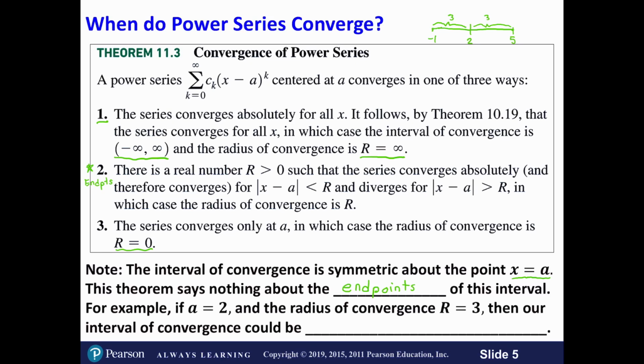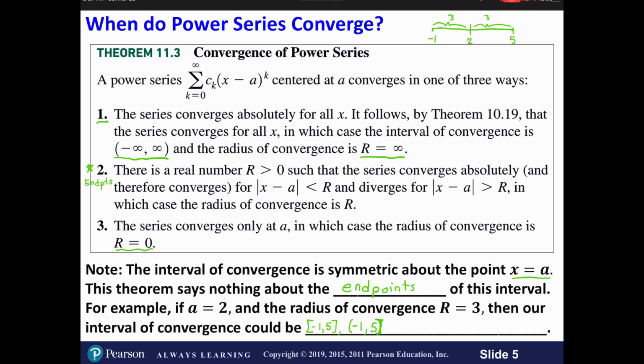Specifically, it could be negative 1 to 5, including both endpoints. It could be negative 1 to 5, including only the right endpoint. Let me erase that and make that clearer.